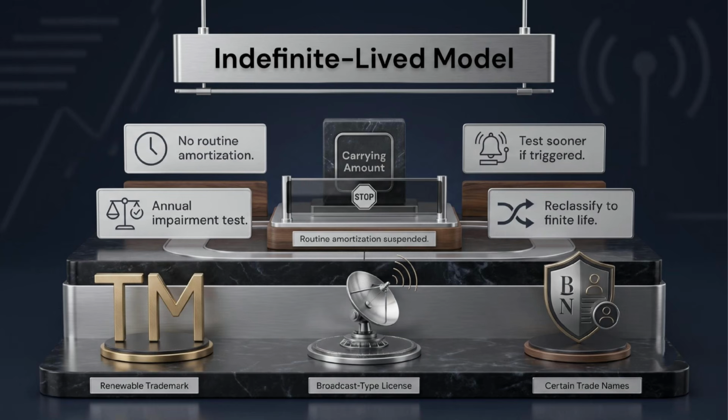If circumstances change and management can now estimate a finite life, the asset begins amortization prospectively from that point forward. Common examples may include renewable trademarks, certain broadcast type licenses, and established trade names. But again, indefinite lived does not mean immortal. Even strong brands can be impaired.